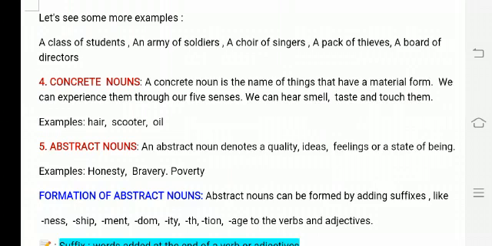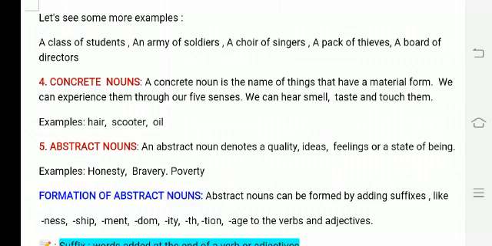Then move on to the abstract noun. What are abstract nouns? You have already learned it. If you remember, when we said the definition of noun, we said that a noun can be a name of an idea or a feeling.